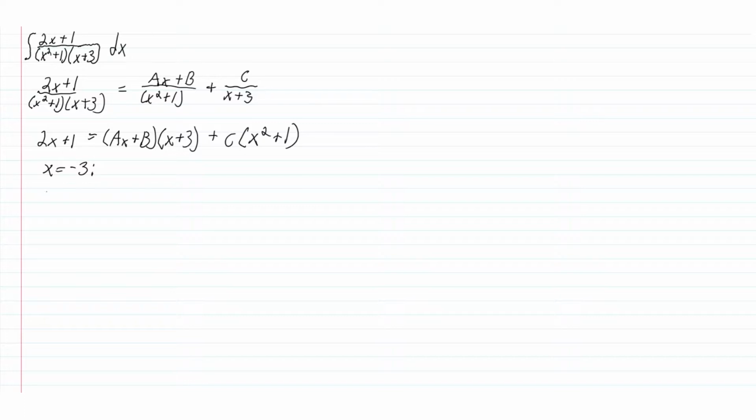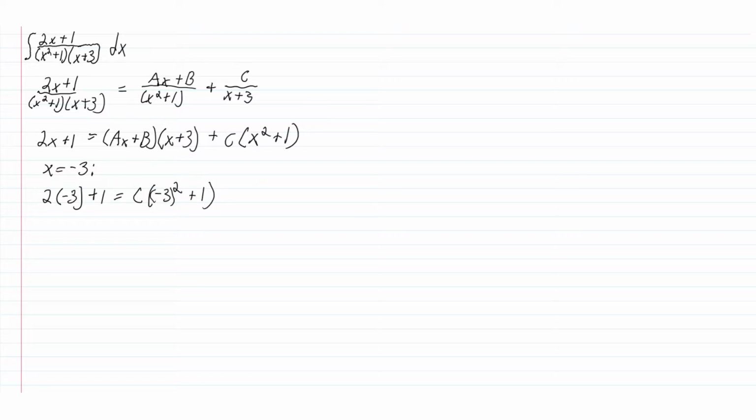And when we do that, we will get 2 times negative 3 plus 1 is equal, the ax plus b is going to go to 0. And then we will have c times negative 3 squared plus 1.